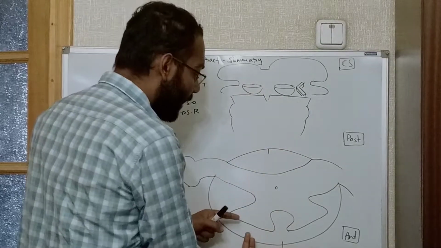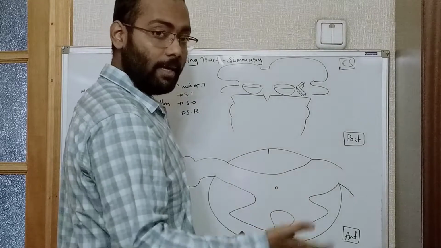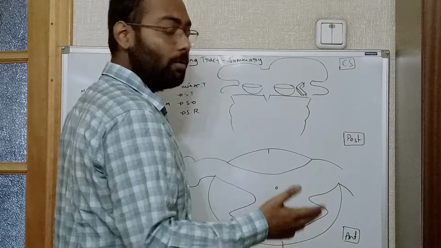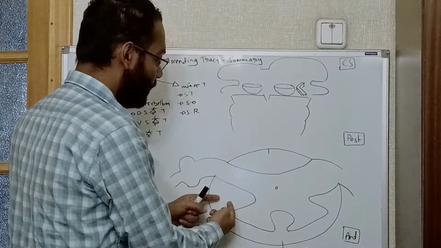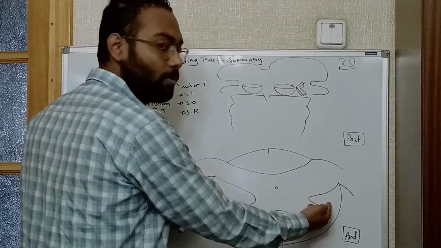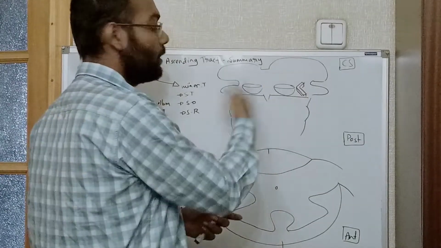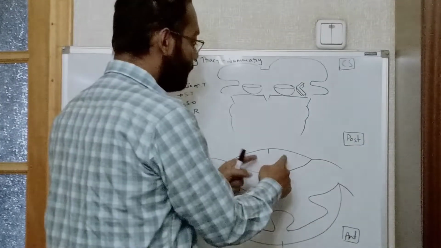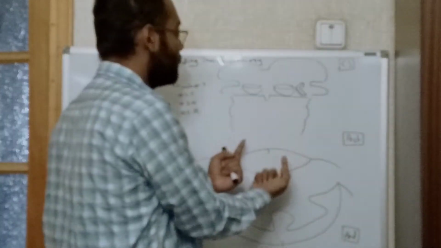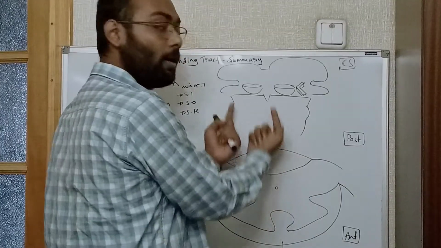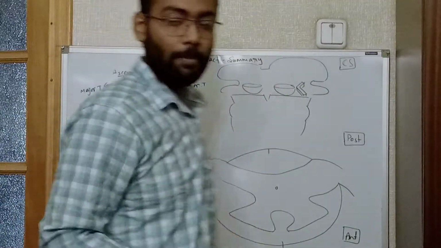If the fibers are coming from the anterior white column, we say anterior, for example anterior spinothalamic tract. If the fibers are coming from the lateral side, we say lateral. And if the fibers are coming from the posterior or dorsal white column, we can say posterior or dorsal spinothalamic tract, for example.